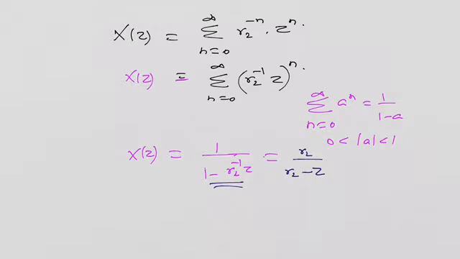The condition is that r2 power minus 1 into z must be a value less than 1, and obviously greater than 0. In that situation, I just put it like this: modulus of r2 power minus 1 into z, whole, is less than 1. Just analyze the condition alone.